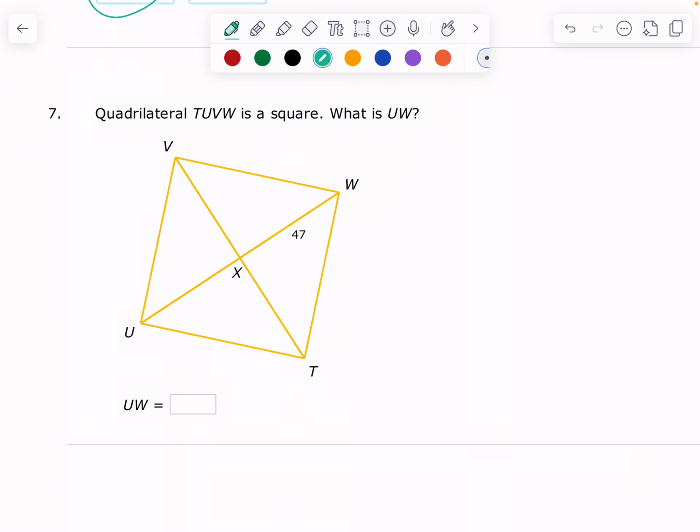Quadrilateral TUVW is a square. What is UW? This is the fact about a square: the diagonals bisect each other.